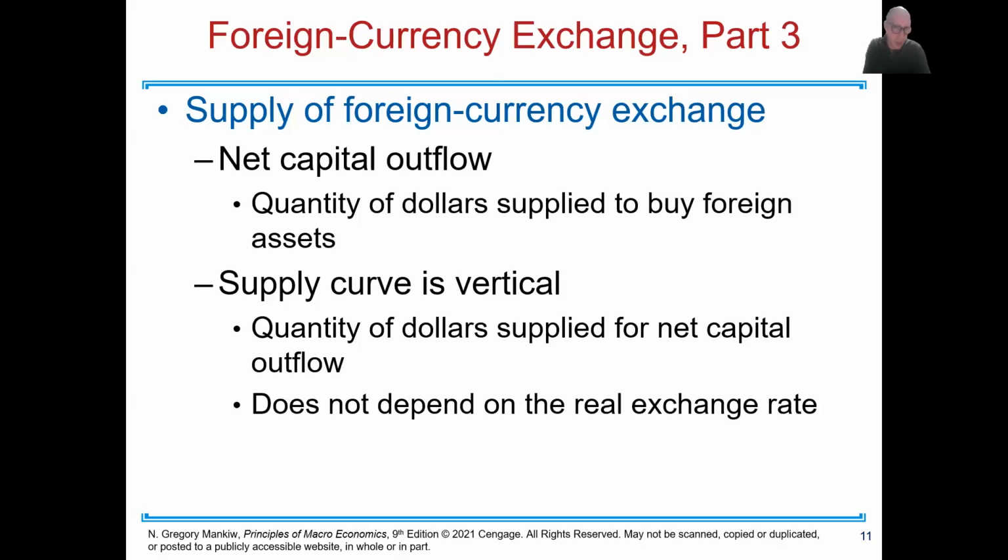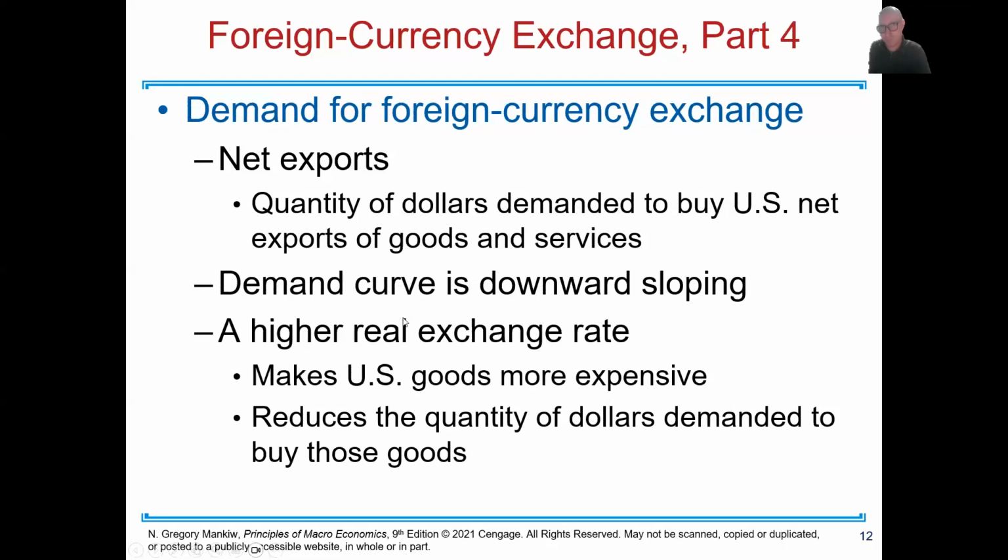We also look at the supply. How many dollars are being supplied for the net capital outflow? This does not depend on the exchange rate. The amount of the supply does not depend on the exchange rate. It depends on the net capital outflow. So that's the supply side.